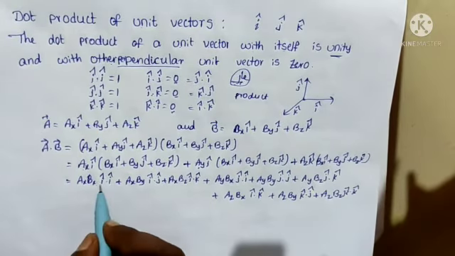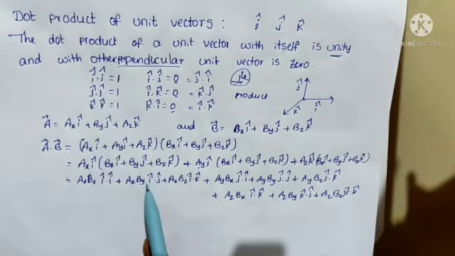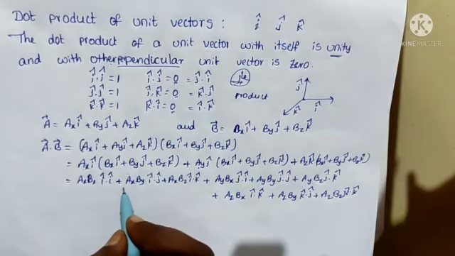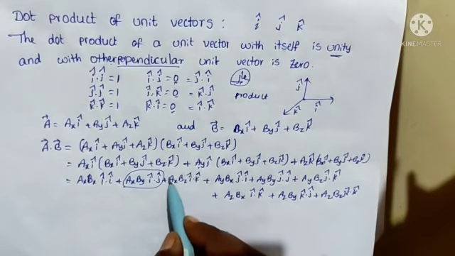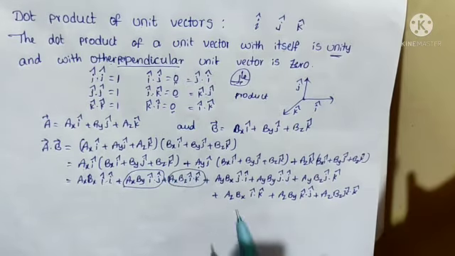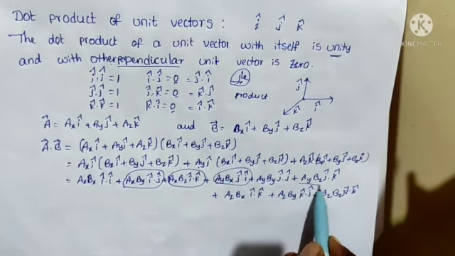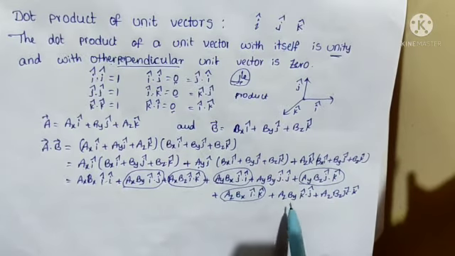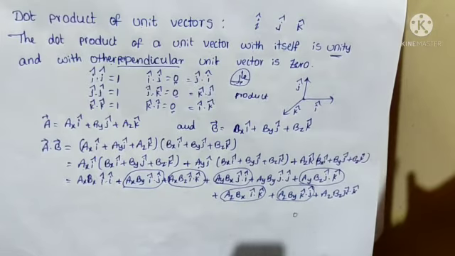So here see the condition: when i dot i, the resultant is 1, when i dot j cap, that product is 0. So now this term became 0 because i dot j is 0, j dot k also 0, j dot i 0, j cap dot k cap 0, i dot k 0, k cap dot j cap 0, because these are perpendicular unit vectors.